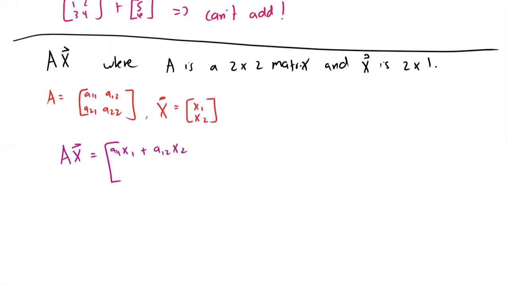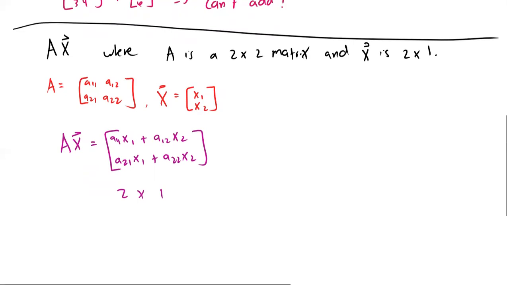That's going to be the first entry. And then the second entry is going to be a21x1 plus a22x2. So notice this is a 2 by 1 matrix. We started with a 2 by 2 and a 2 by 1 matrix. After multiplying them together, we end with a 2 by 1 matrix.